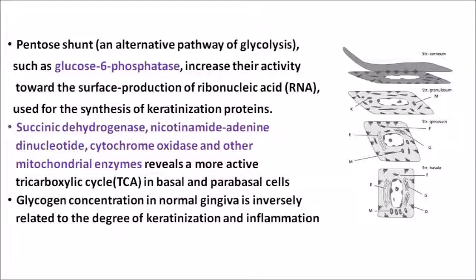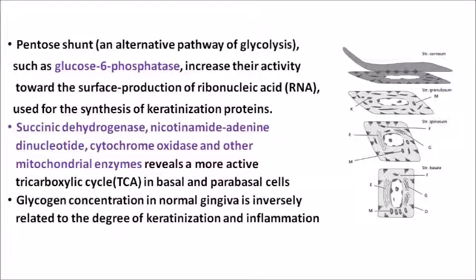Why is this so? Because this pathway is involved in the production of RNA, and RNA is very important for synthesis of protein. Which protein in this case? Specifically keratin. So pentose pathway is important for RNA production, for production of protein. Therefore, where we see keratin maximum is in the superficial layers. So pentose pathway enzymes like glucose 6-phosphatase are found maximum towards the surface layer.